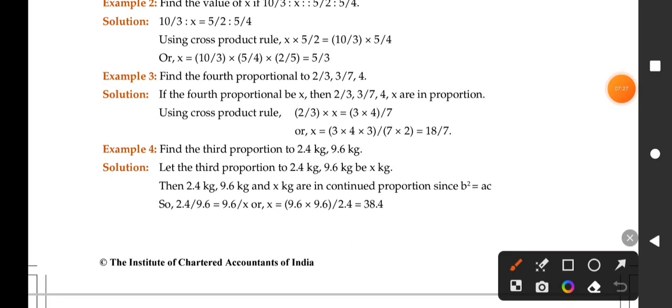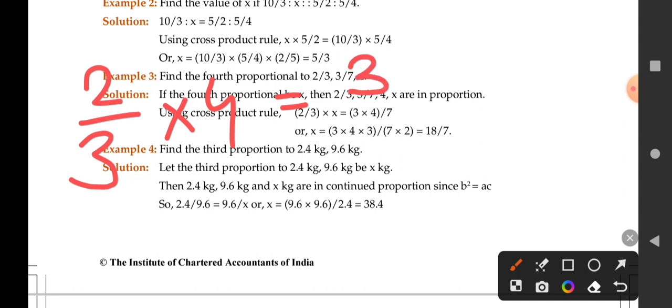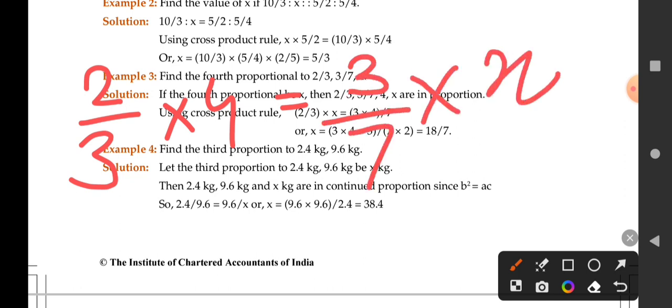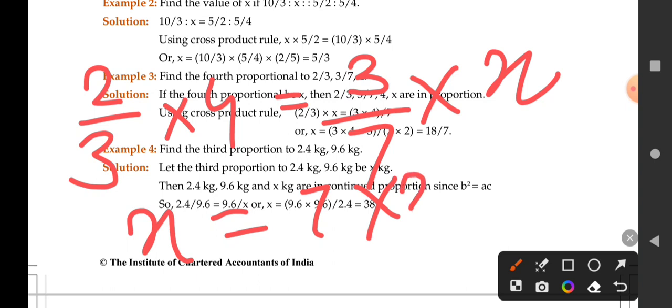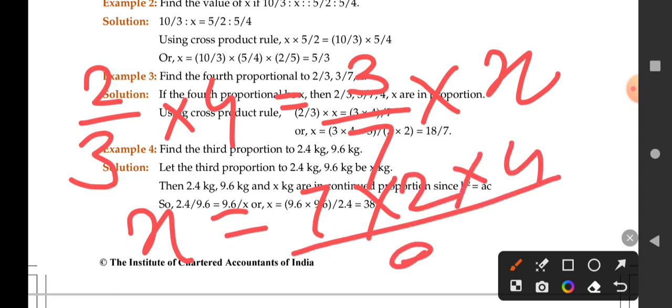Let me write it again. 2 by 3 into 4 is equal to 3 by 7 into x. This is x. So x is equal to 7 into 2 into 4 divided by 9.